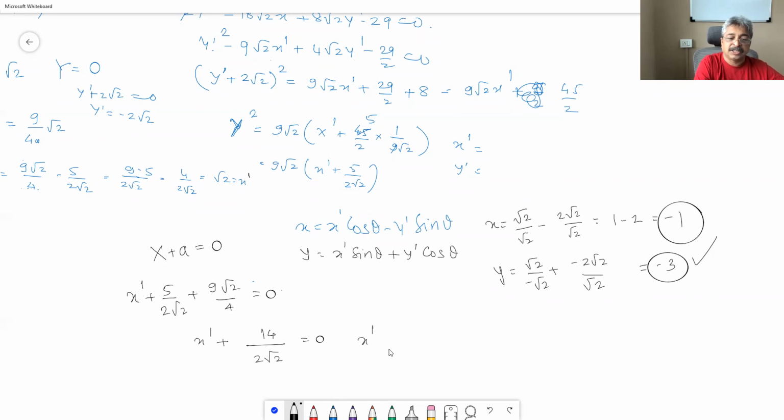So x dash plus 7 upon root 2 is equal to 0 is our directrix. X dash is equal to minus 7 upon root 2. But x dash is equal to minus 7 upon root 2 is our directrix after translation is undone, therefore after rotation.